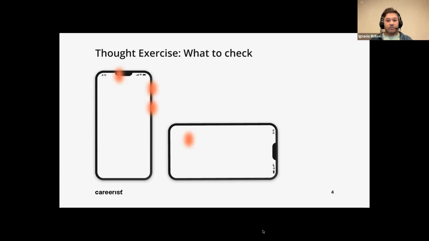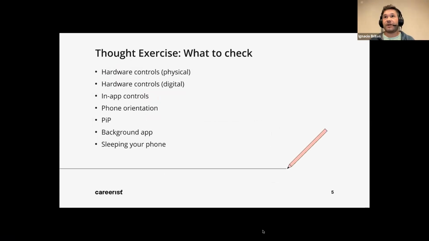You should not only be concentrated on functionality that you can be exploring or things that you can be trying. But in mobile testing, you should also include what we call the hardware controls, right? So things that we also need to validate and make sure that they are working.